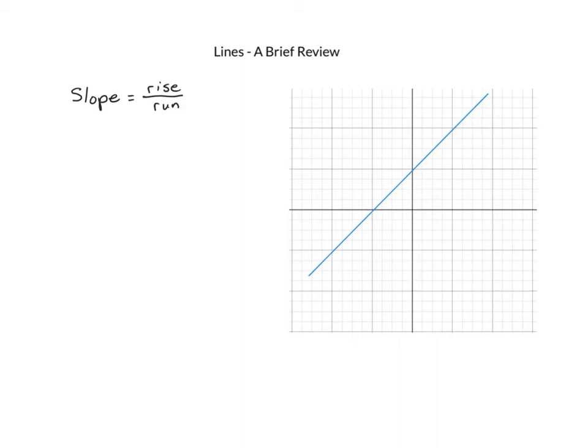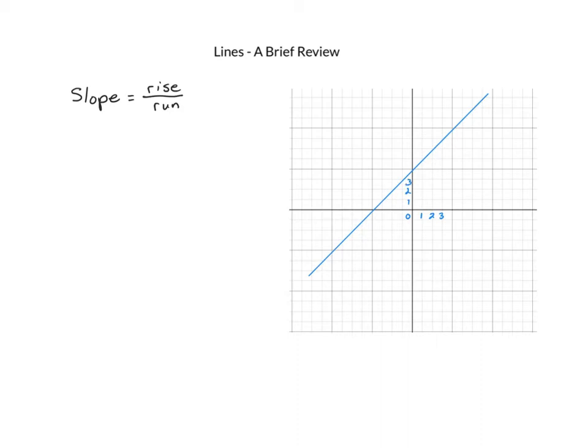Let me mention that on this graph, I'm going to assume that the increments are the same in the x direction and y direction. Let's let the increments be by 1. So that's 0, 1, 2, 3 in the x direction and 1, 2, 3 in the y direction.